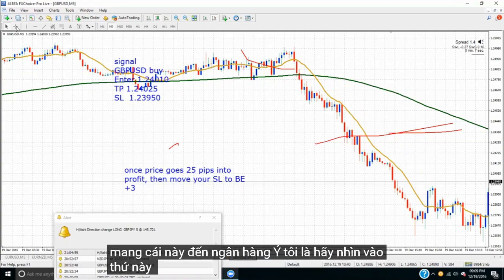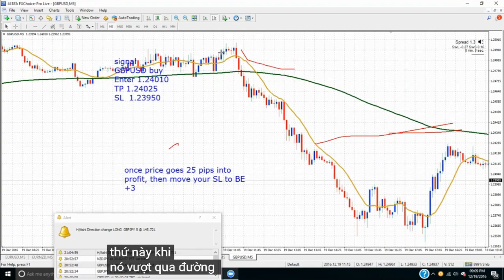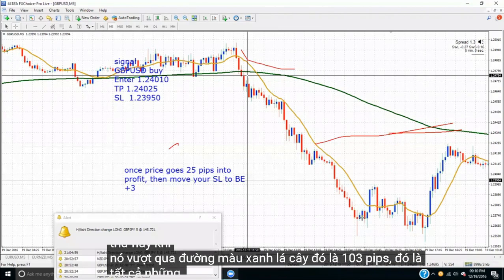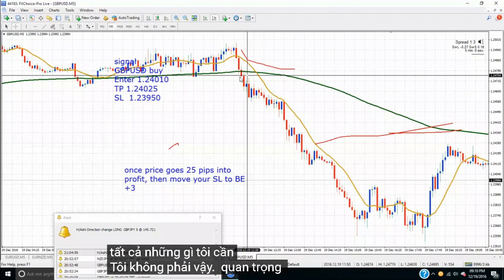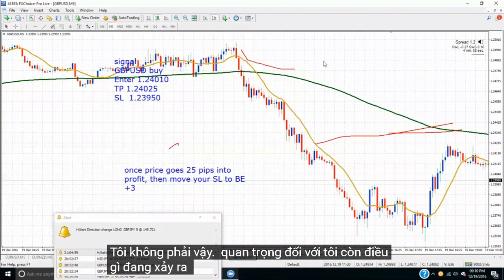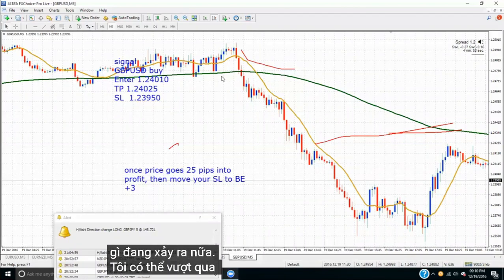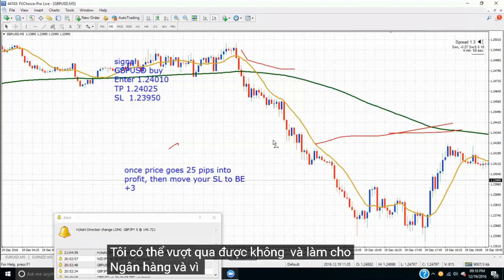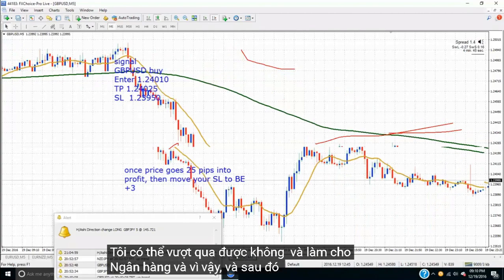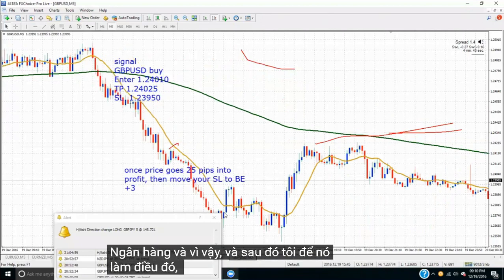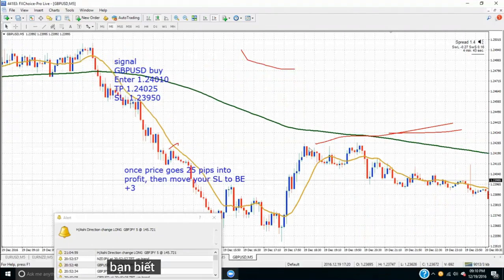This stuff, when it crossed that green line, it went for 103 pips. That's all I need. It doesn't matter to me what else is going on. I can get in on a cross and make bank. And then I'm out, let it do its thing, and I wait on another cross.